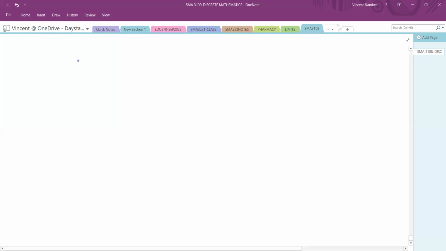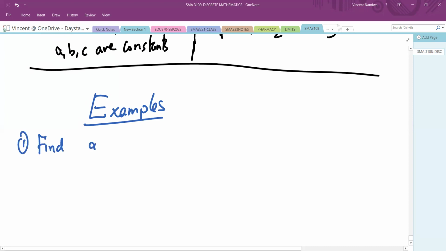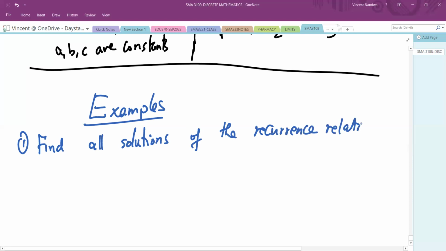Find all solutions of the recurrence relation an equals 3 an minus 1 plus 2n.